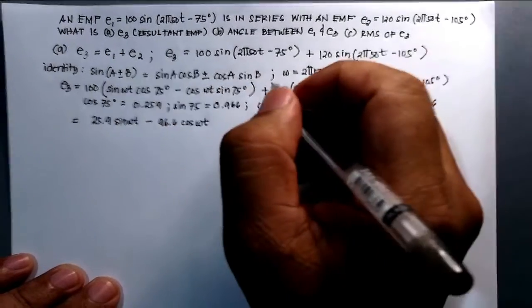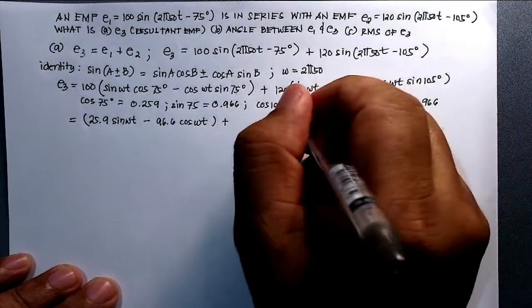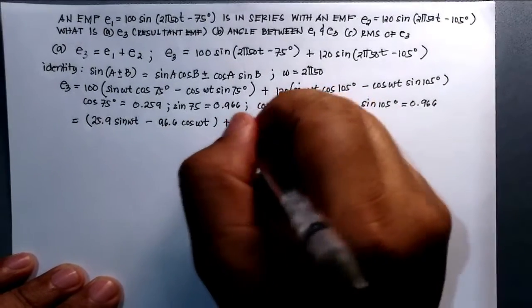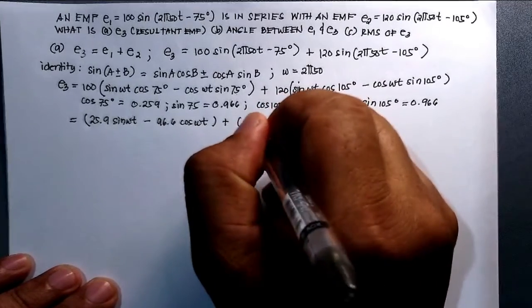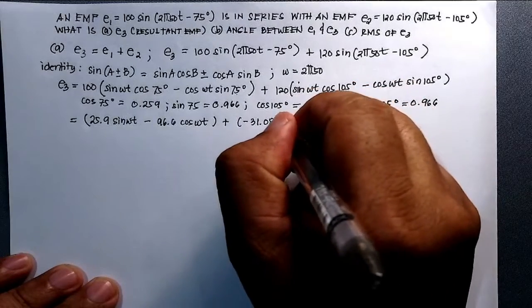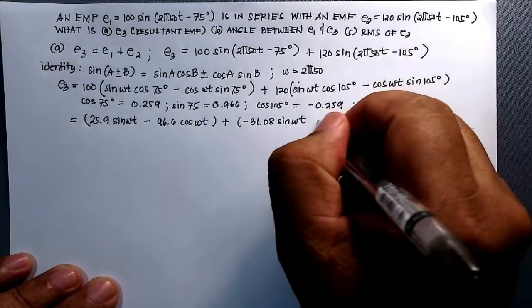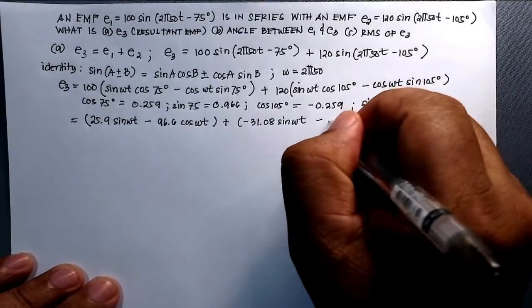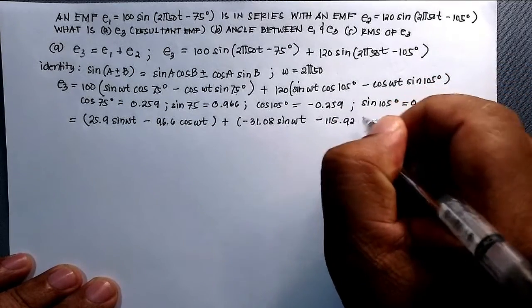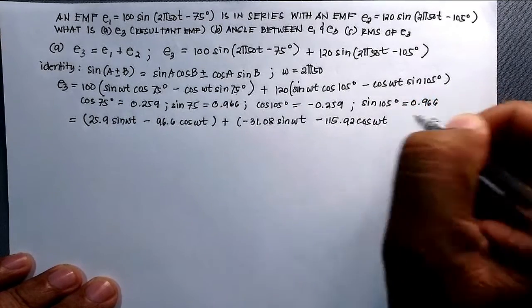And plus, for this term, the result will be negative 31.08 sine omega t, and also minus 115.92 cosine omega t.